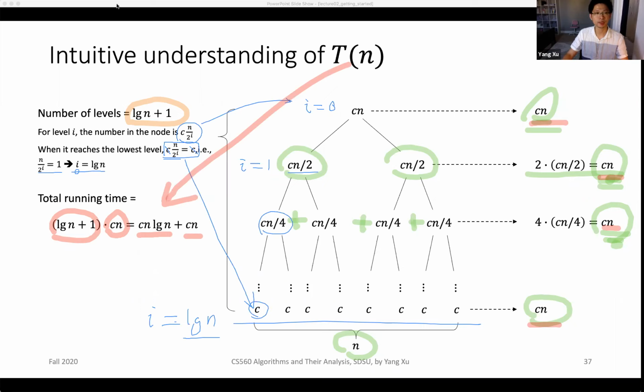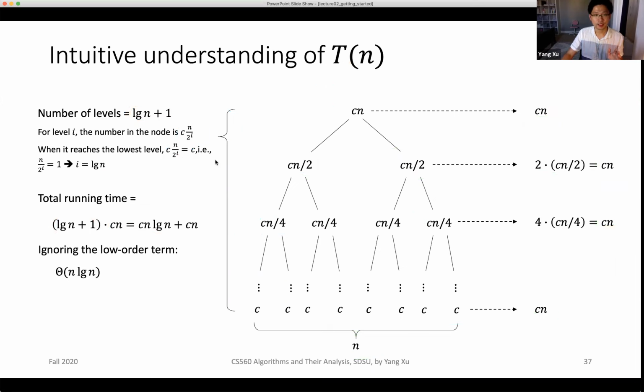Okay. So now one more important step is that we want to notice the fact that this is a higher order term. N times the logarithm of n is a higher order term than Cn.